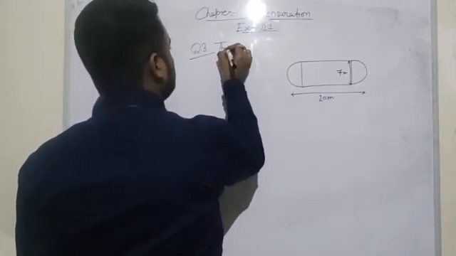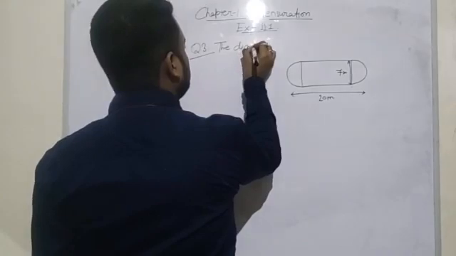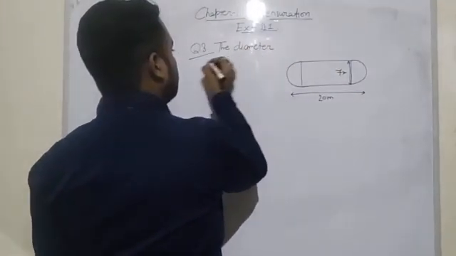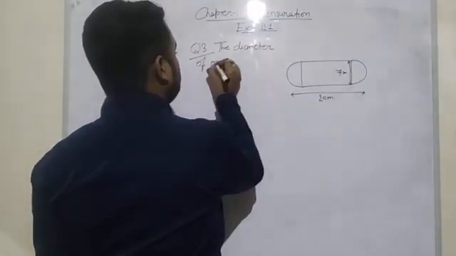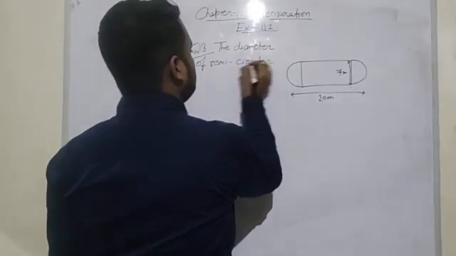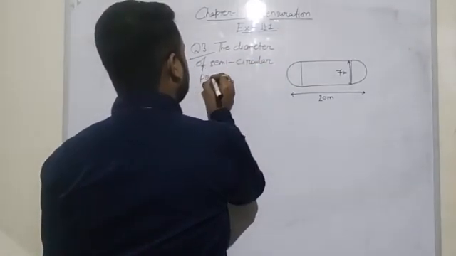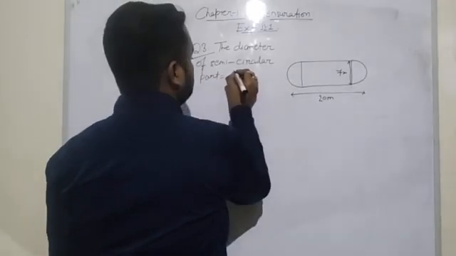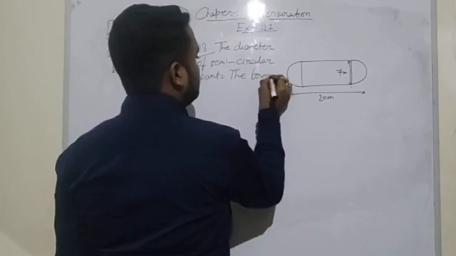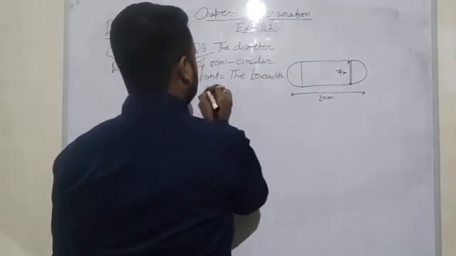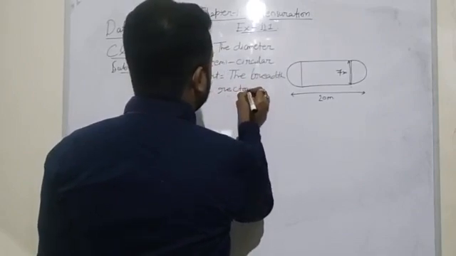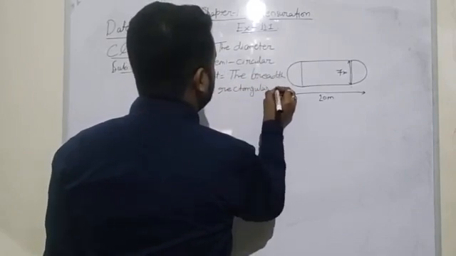So hereby we can conclude the diameter of the semicircular part is equal to the breadth of the rectangular part.